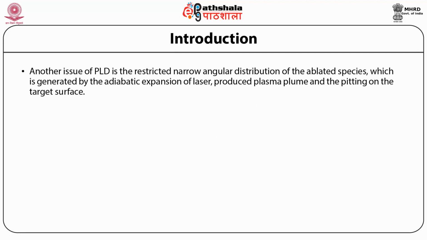Another issue of PLD is the restricted, narrow angular distribution of the ablated species, which is generated by the adiabatic expansion of the laser-produced plasma plume, and the pitting on the target surface.